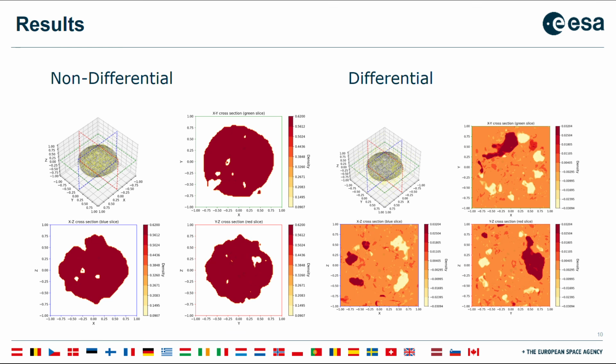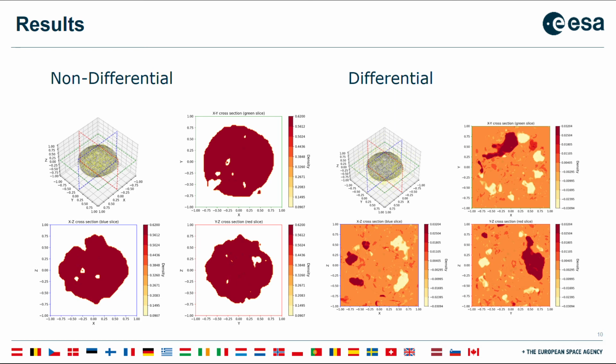So some results. Now, these are visualizations of the densities learned by the neural networks. And we see here the non-differential case is just trying to predict absolutely the mass density.